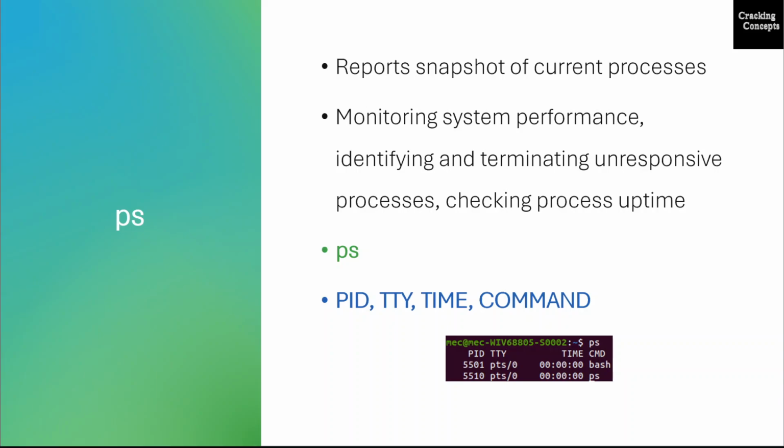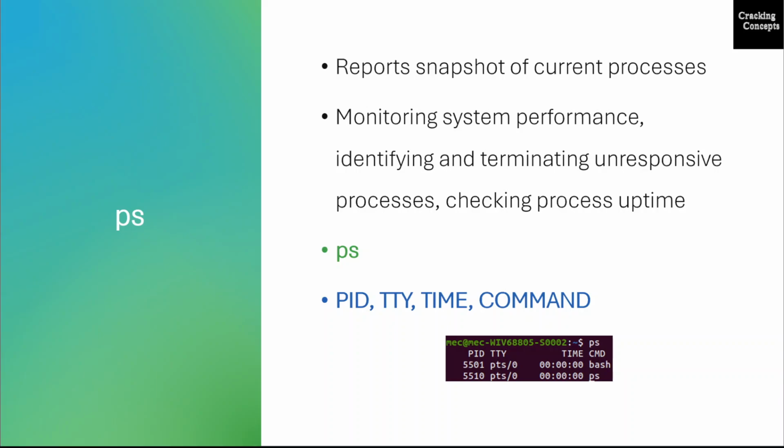Some of the key practical uses of ps include monitoring system performance, identifying and terminating unresponsive processes, filtering processes by user or name, and checking process uptime. The command run is ps. Its fields include the process ID, TTY, which is the controlling terminal.